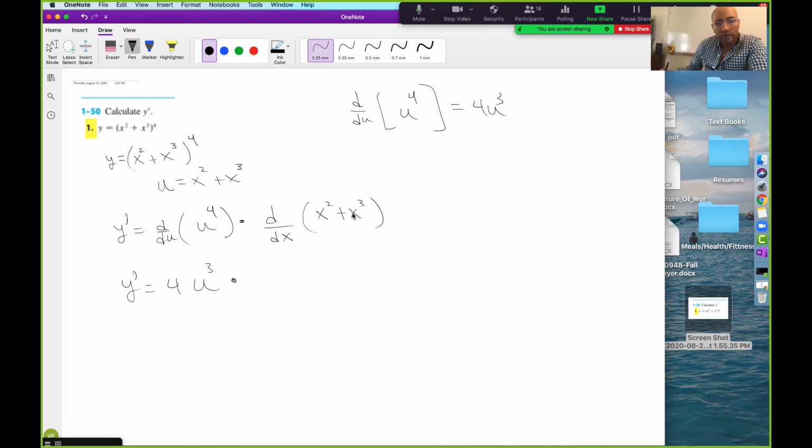Sorry, that previous notation was bad. Okay, so then this is going to be equal to 2x plus 3x squared. Good. We're almost done, except nobody asked me about u. We need to get rid of that again. So y prime is going to be equal to 4 times (x squared plus x cubed) to the power of 3 times (2x plus 3x squared). And we're done.